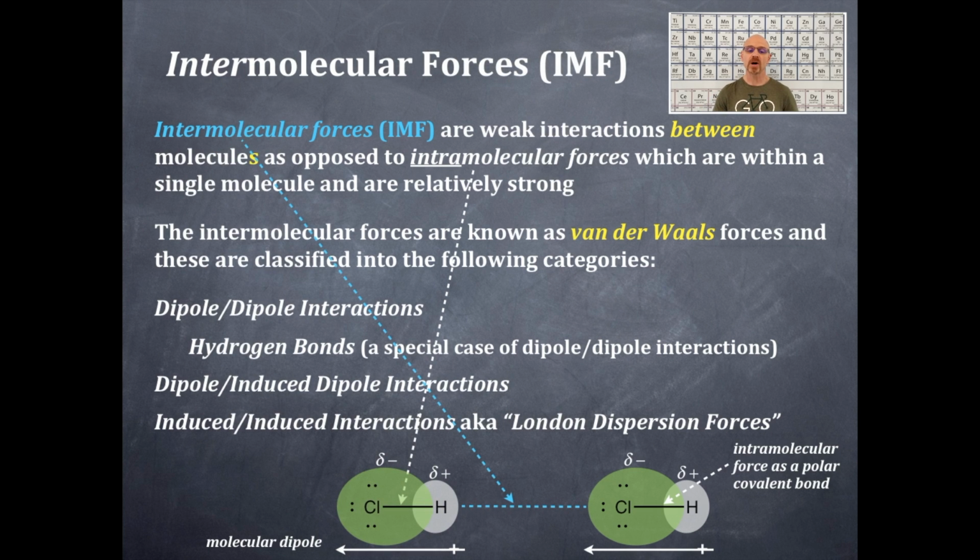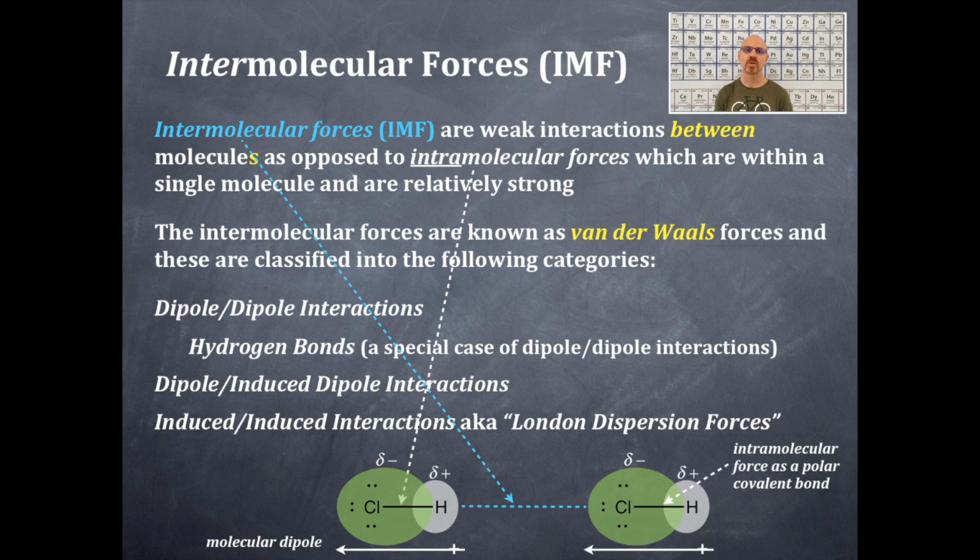Now, the bond that is formed between this positive end of the hydrochloric acid molecule, the hydrogen, and on another molecule, the chlorine, that's denoted by this blue line, and that is an intermolecular force.